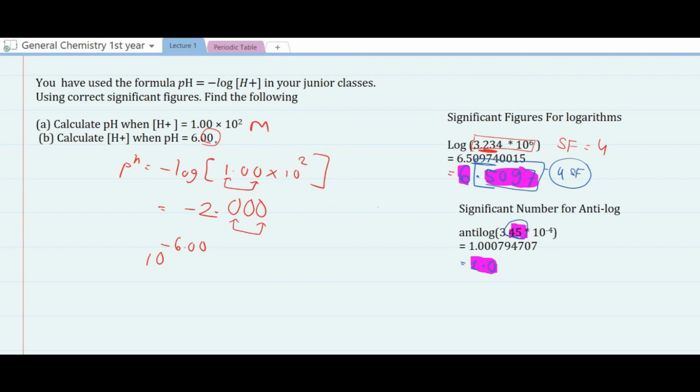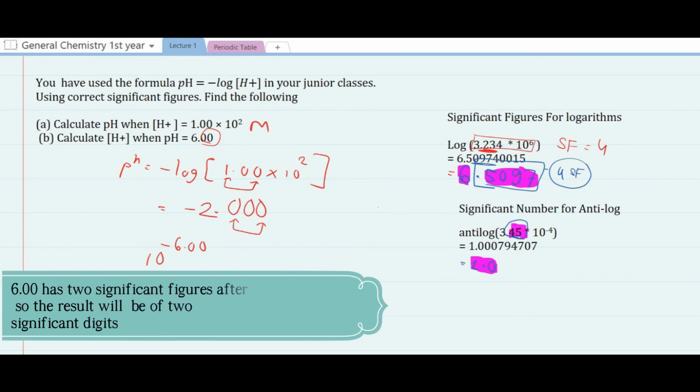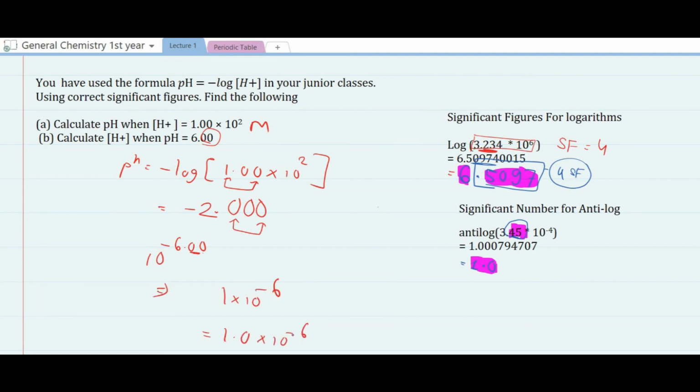There are only 2 digits after the decimal point, so it should be 2 significant figures. While calculating this, we get 10 raised to the power negative 6.00. So this is the power negative 6. But since it has 2 significant figures, it should be 1.0 times 10 raised to the power negative 6. I hope you have understood this.